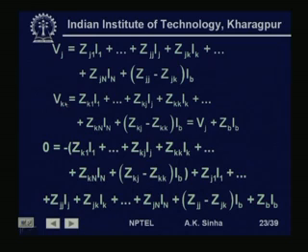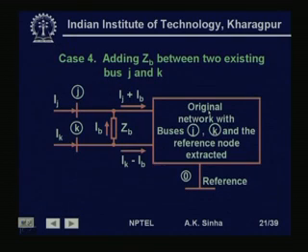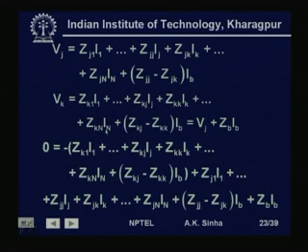And what is Vk equal to? If we see from this diagram, this voltage will be equal to the voltage at this point, that is Vj, plus the drop here which is Zb into Ib. So we can write Vk is equal to Vj plus Zb into Ib.